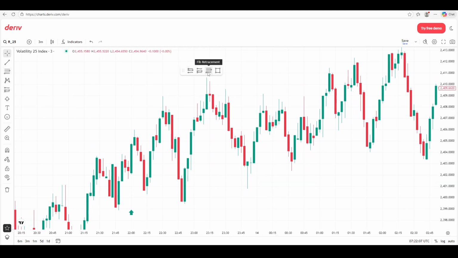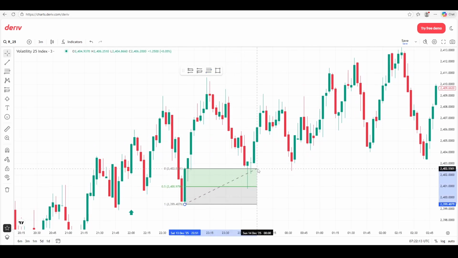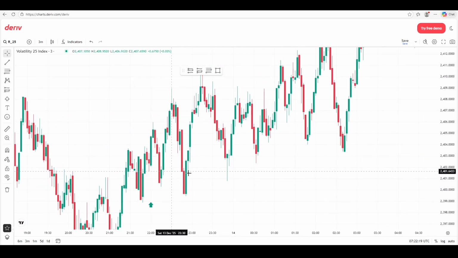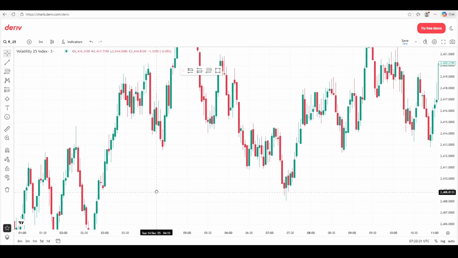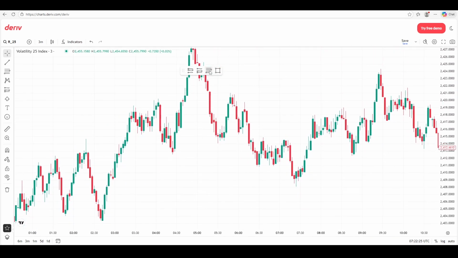The first one is we have this engulfing candle. Price retraces towards it, but much later on, so as a result I'm not a fan of that setup. We look for another one. Another one is here, but price did not retrace to it.